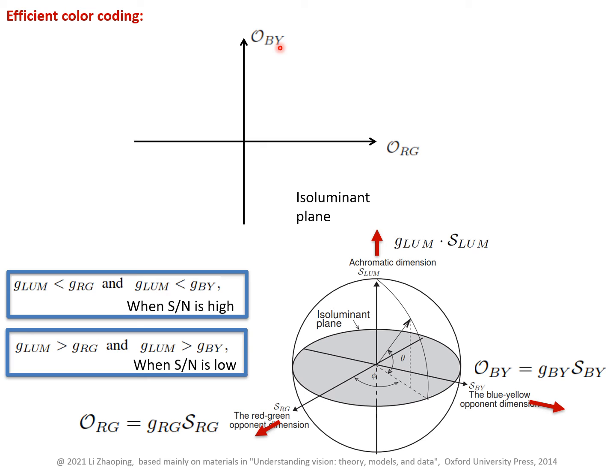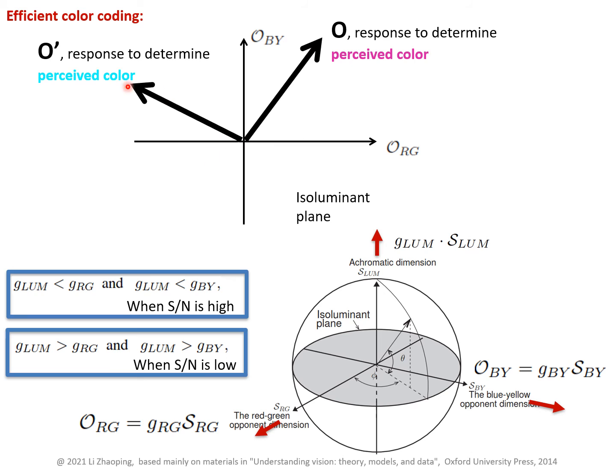So if the response in this plane is this vector, the subsequent visual system uses this response vector to determine the perceived color. So in this case, it's a little bit bluish, a little bit reddish, so its perceived color must be purplish. And if it's pointing that way, now it's bluish and greenish, so it will be cyanish.